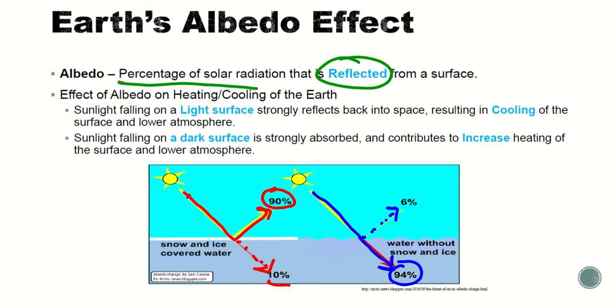So if more is being absorbed, temperature goes up. If more is being reflected, temperature stays down. So your ice sheets are good regulators of surface temperature.